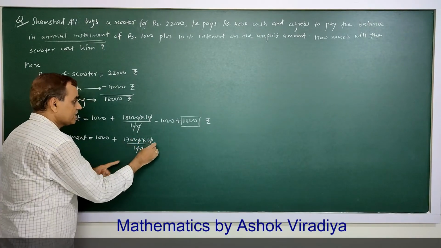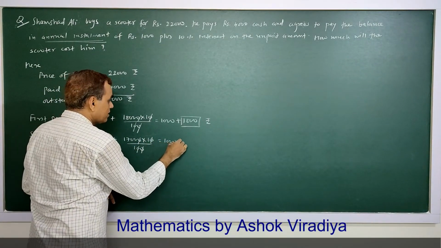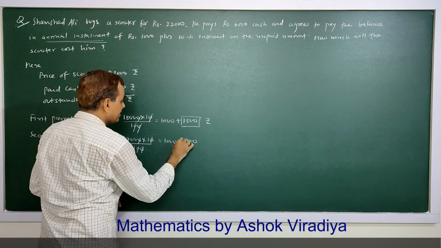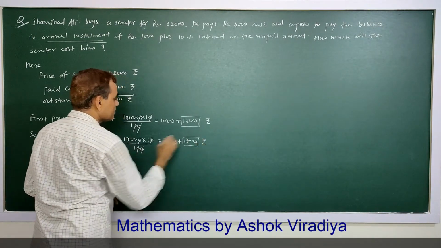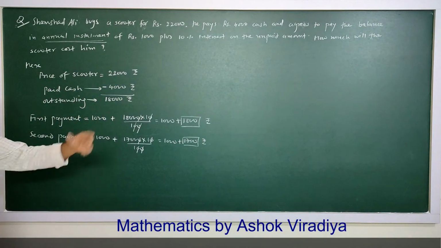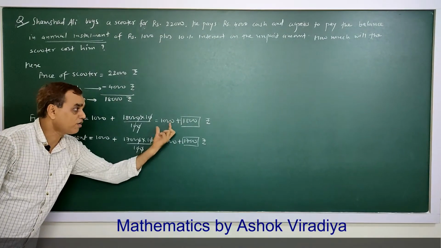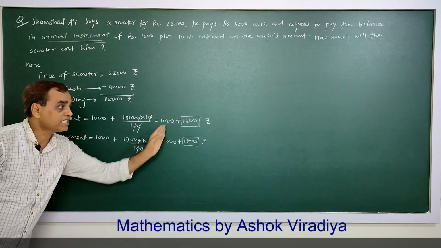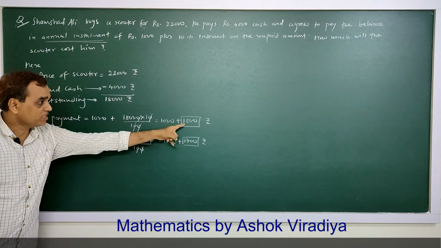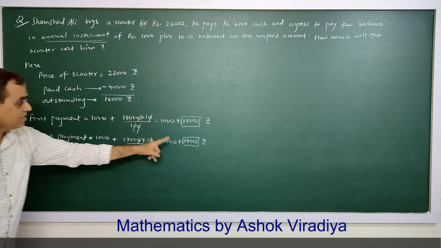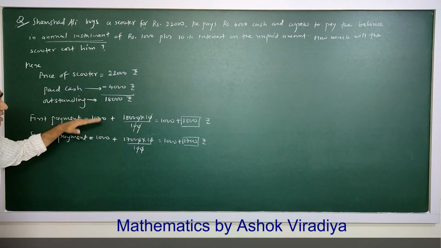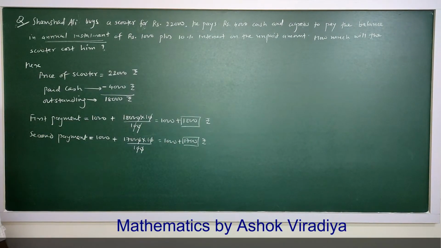So this is 1000 plus 1700. He is paying this 18,000 in 18 such installments, each installment of 1000 rupees plus interest on the outstanding. So this is the interest on 18,000, and this is the interest on the remaining 17,000.